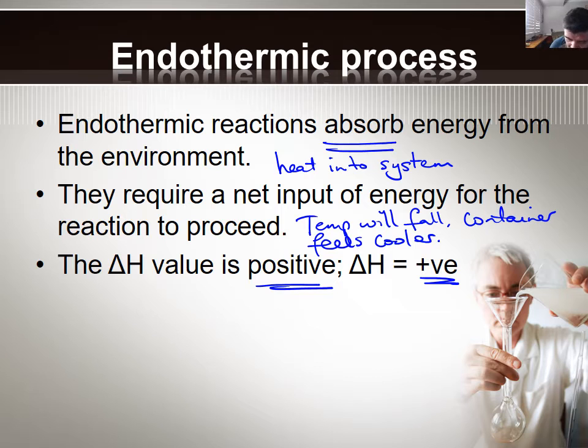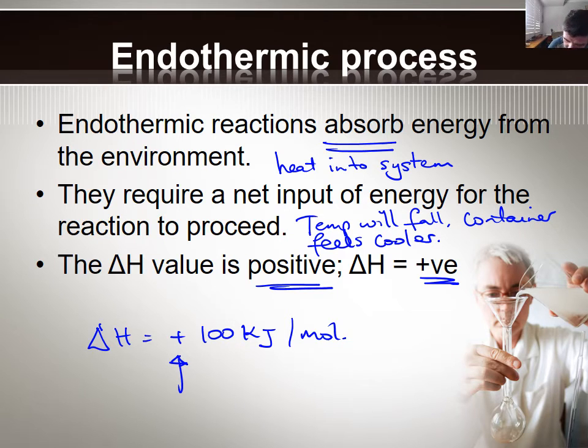So in this case, we would have a delta H value of positive 100 kilojoules, and again, maybe kilojoules per mole. So again, it's the positive value that you're looking for. That tells you that it's an endothermic process as opposed to the negative value of an exothermic process.